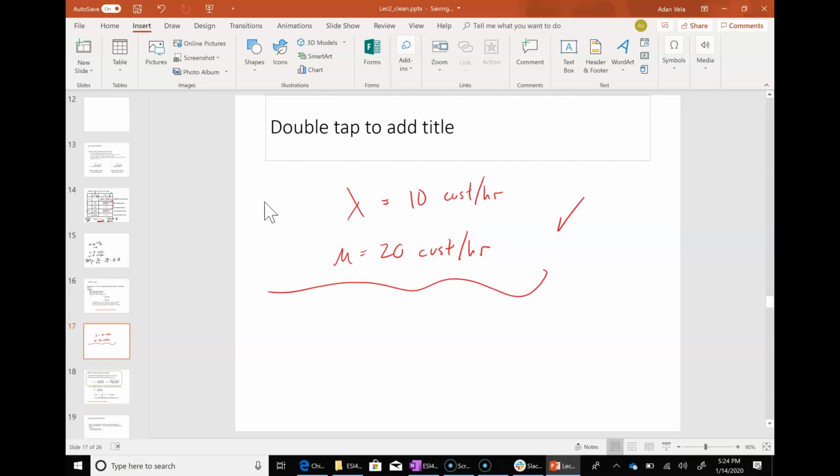Okay, that's good. Now let's say lambda was 22 customers per hour, but I could still only process 20 customers per hour. What's going to happen?